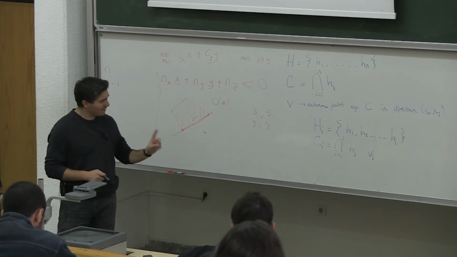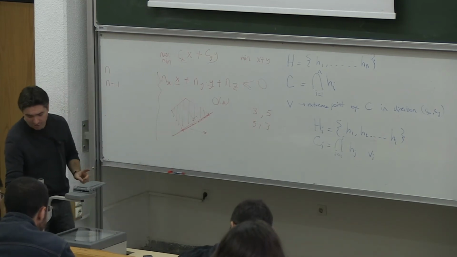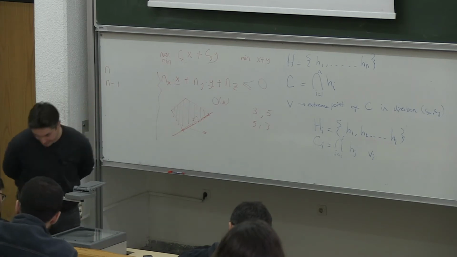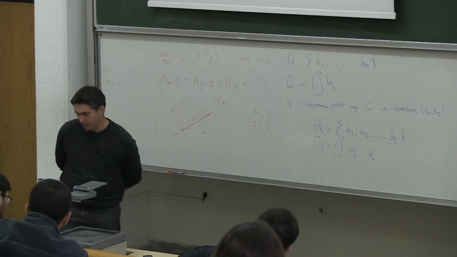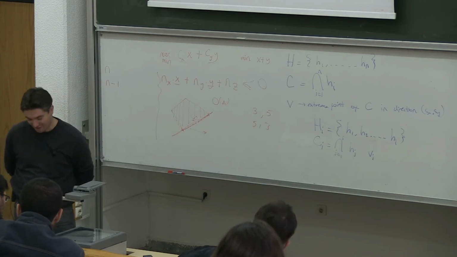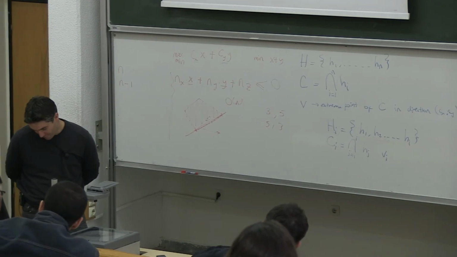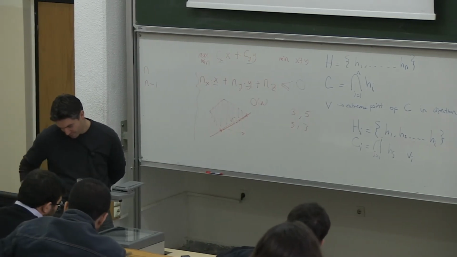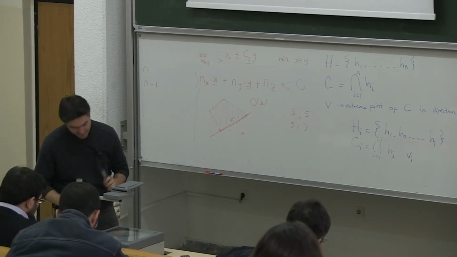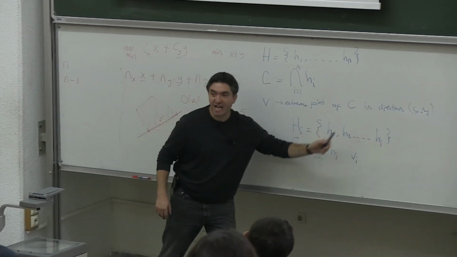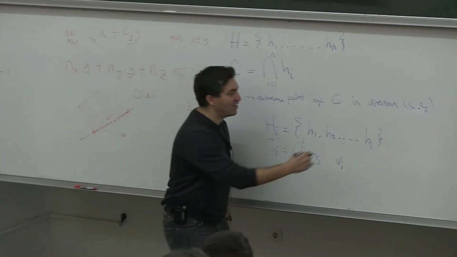I'm going to give a lemma, and I'm going to stop there. We are going to continue this in the next lecture. So the lemma is this. This is very important. The whole algorithm is based on this. Now imagine we are going to add a new half plane hi plus 1.